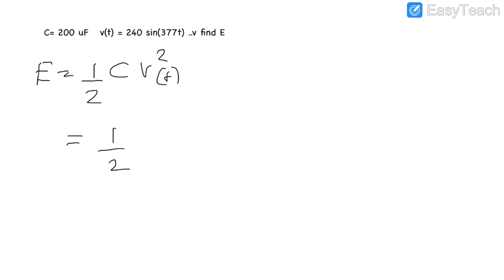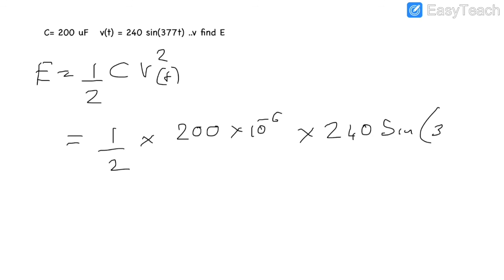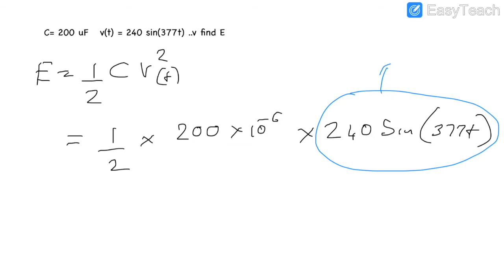That's going to be just half times my capacitance, 200 microfarads, times 240 sine 377t. This is of the form V of t equals V sine omega t plus phi.